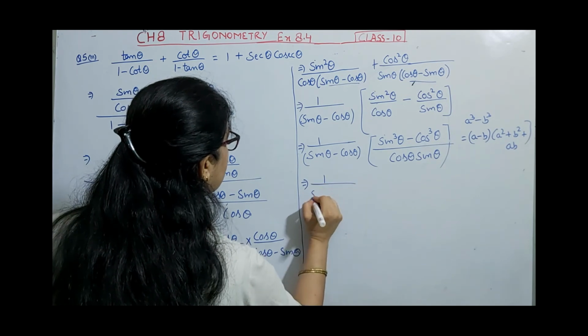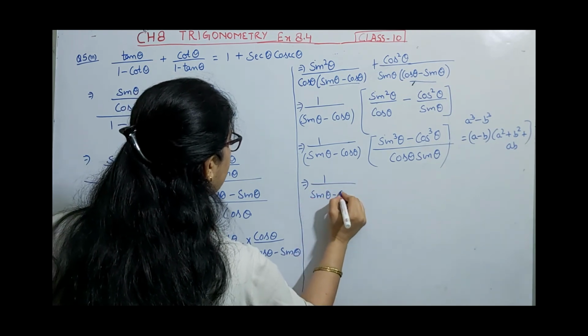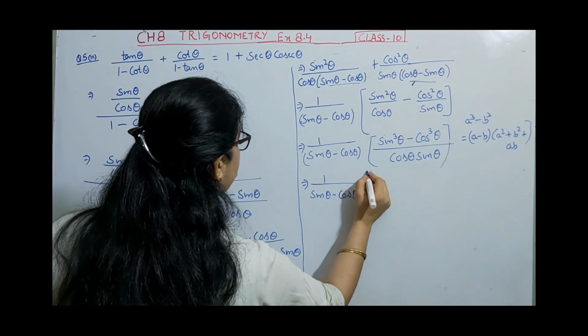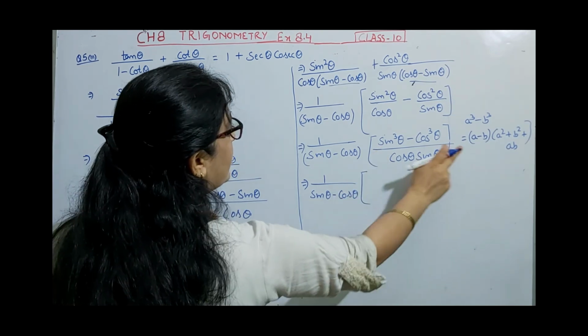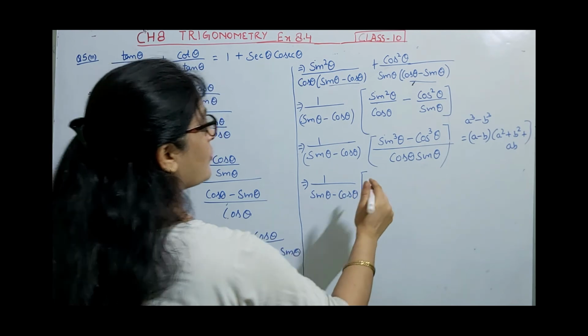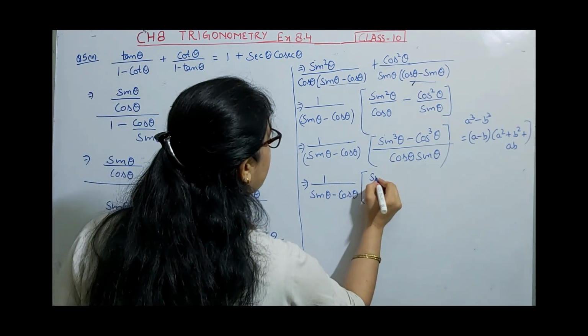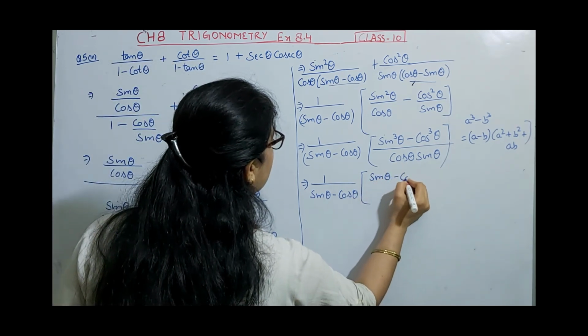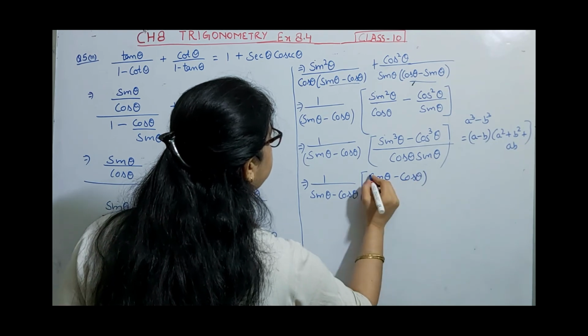One over sin theta cos theta. So here a is sin and b is cos. So sin theta minus cos theta.